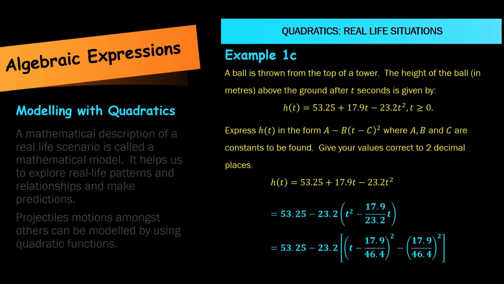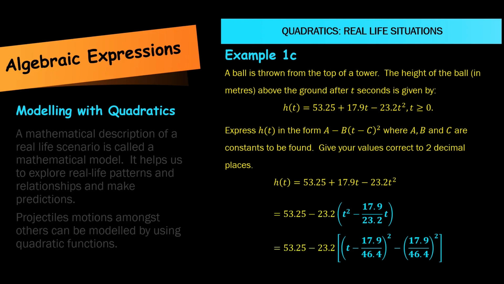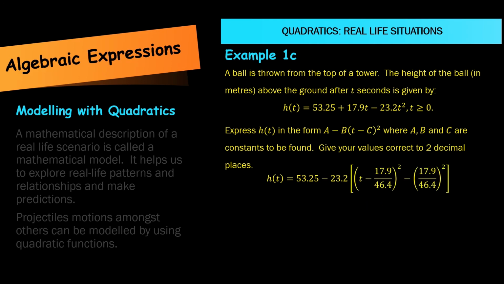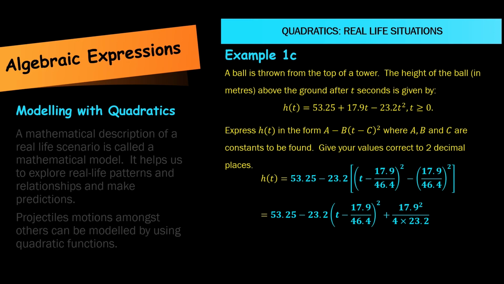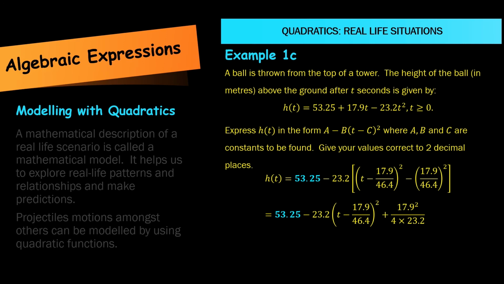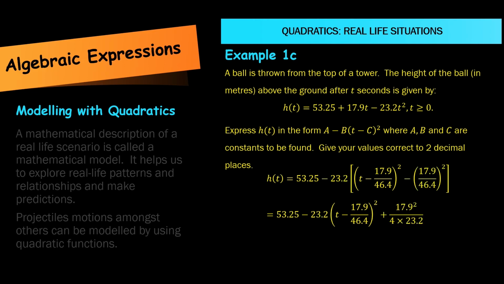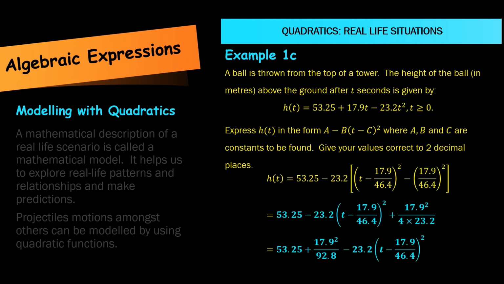Now for the bit in brackets, we use the method of completing the square. So h of t can now be re-expressed as shown. And multiplying out the last bit, and then tidying up a little bit, gives us the expression shown.